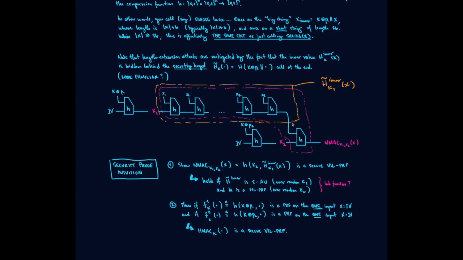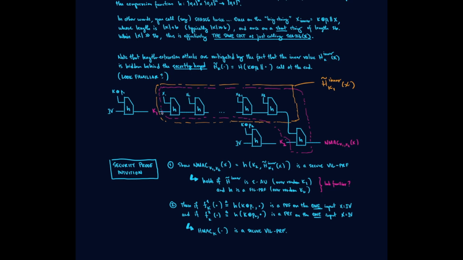Okay, so I've drawn some boxes here. We've got the whole construction. The whole construction is HMAC with key K. The magenta colored box here is a subconstruction that people refer to as NMAC, or nested MAC. It takes two keys.